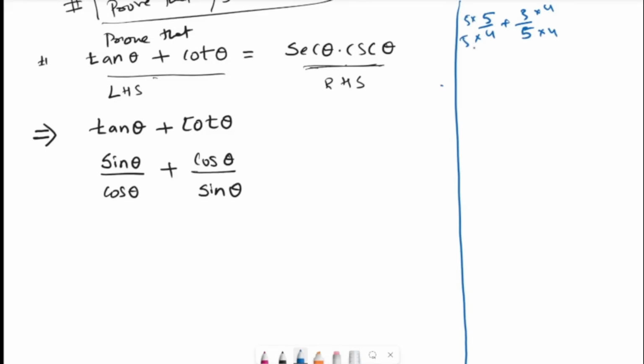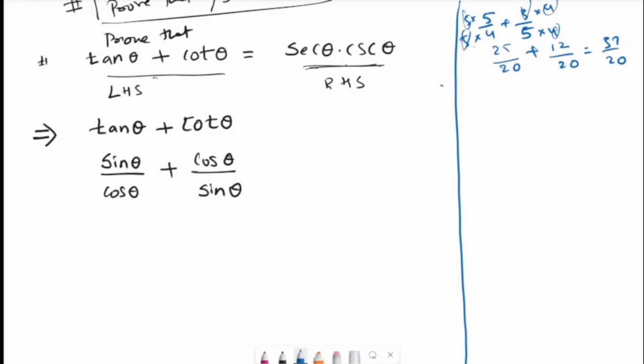So this becomes 25 plus 12 over 20, which is 37 by 20. This is okay, but you tend to waste a lot of time writing all these little things.